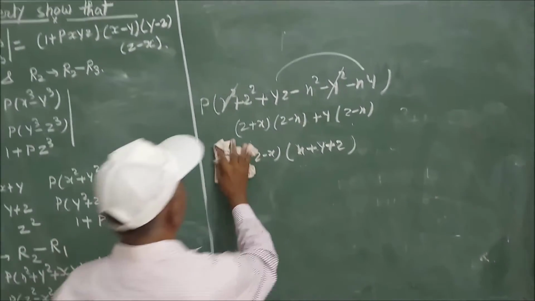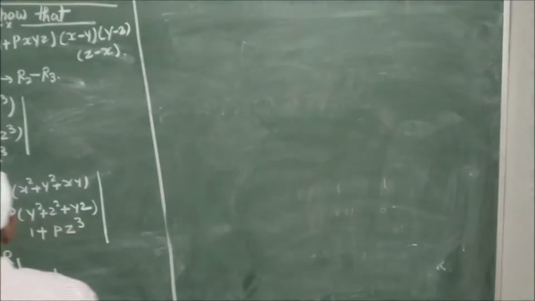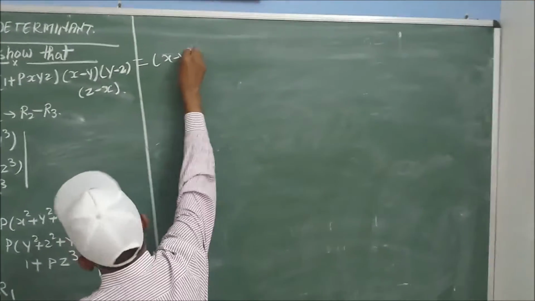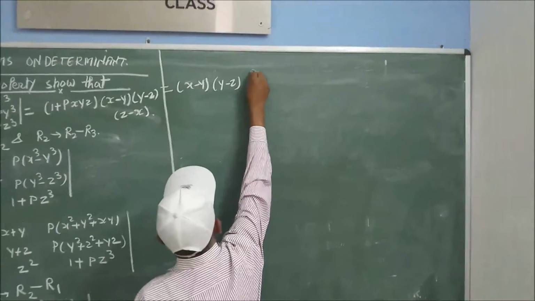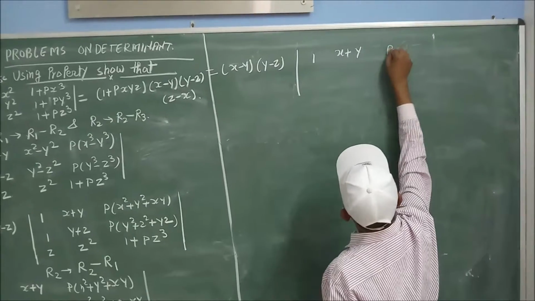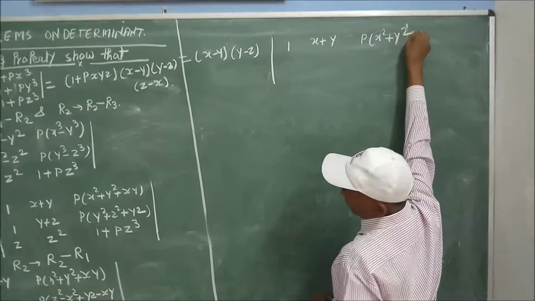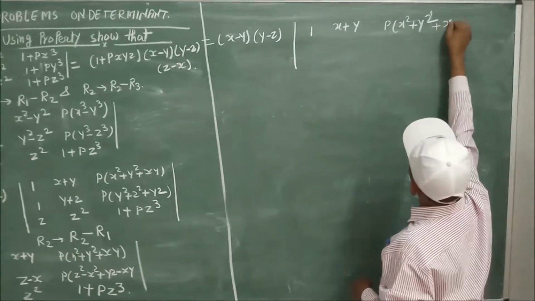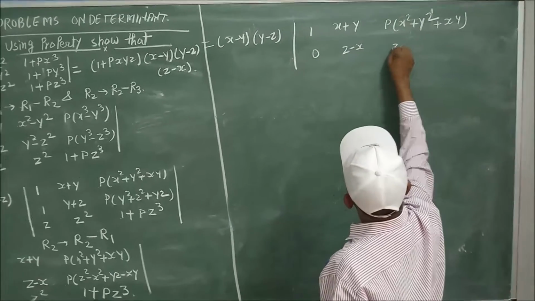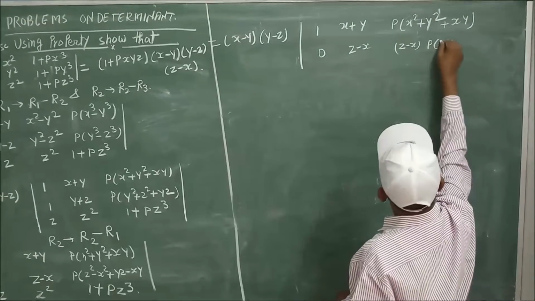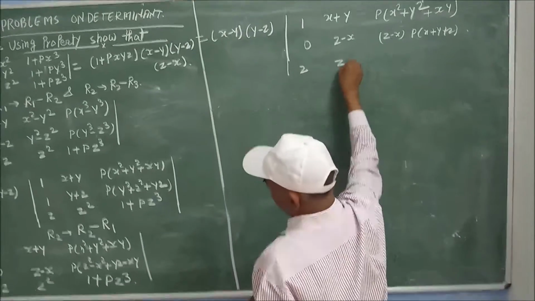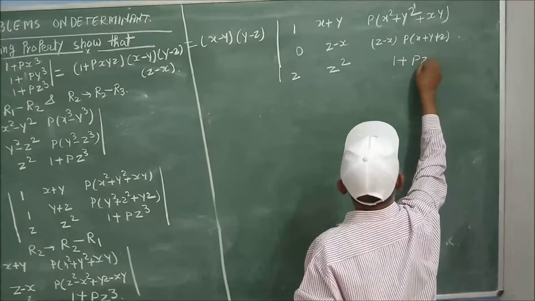Again, next step is, from here we can write this will be equal to x minus y into y minus z into, you can write 1, x plus y, p into x square plus y square plus xy, and here will be 0, z minus x, and here your z minus x into p into x plus y plus z, and last term will be z square 1 plus p z cube.